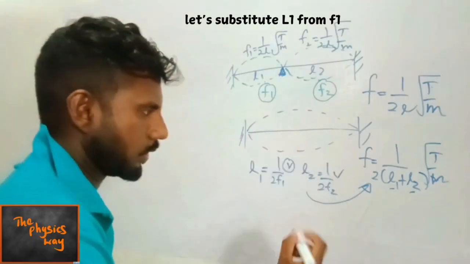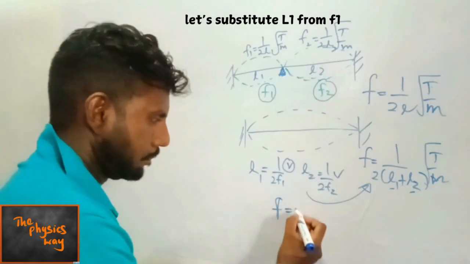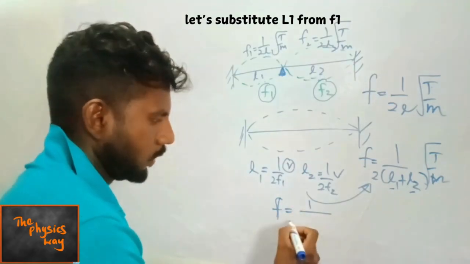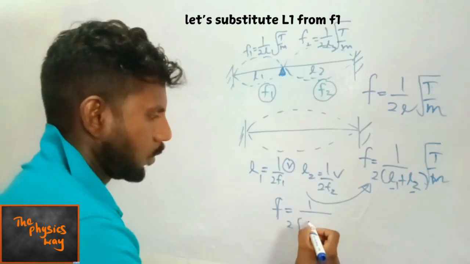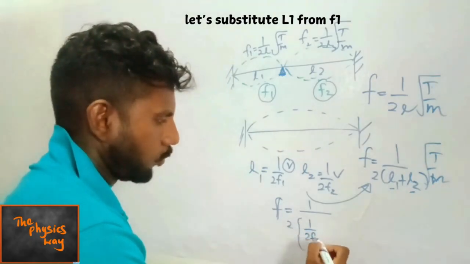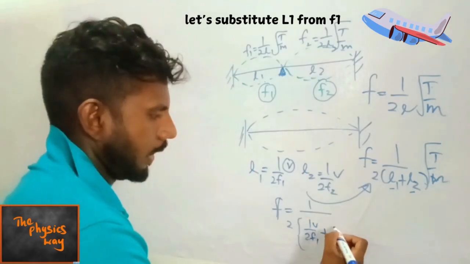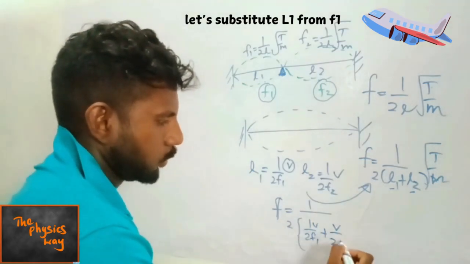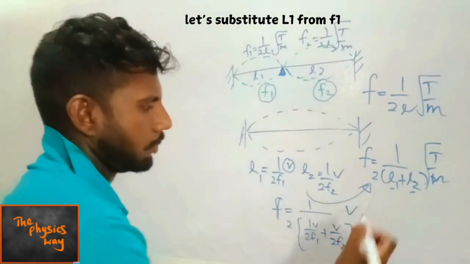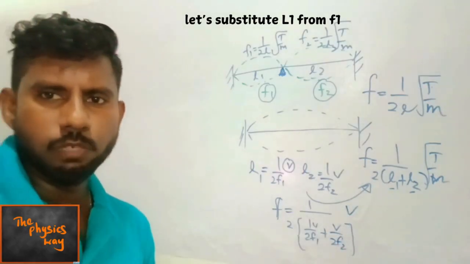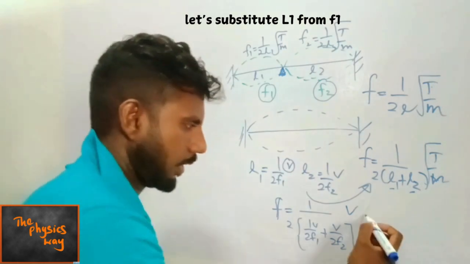So the final F is equal to 1 over 2 into, look at this now, V over 2F1 plus again V over 2F2, bracket, multiplied by V. If you simplify this one, you are getting the answer.